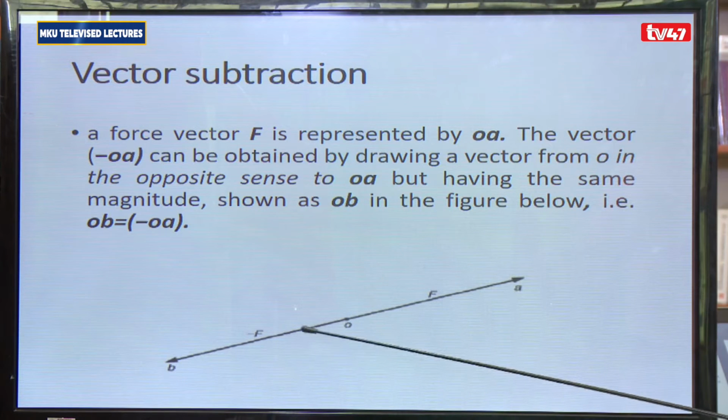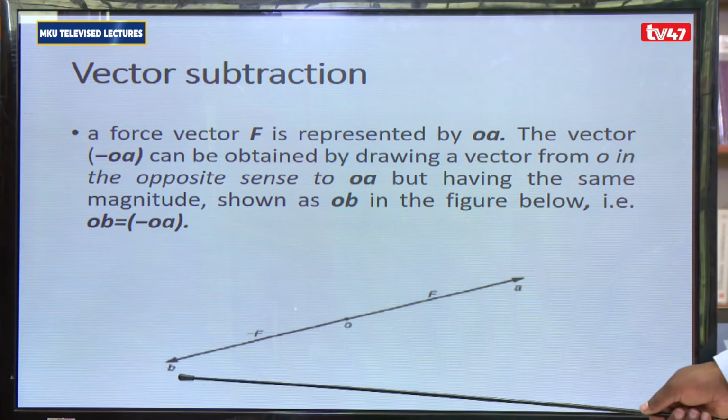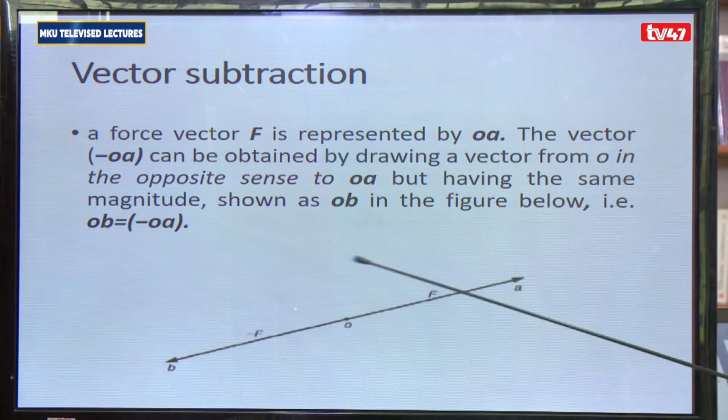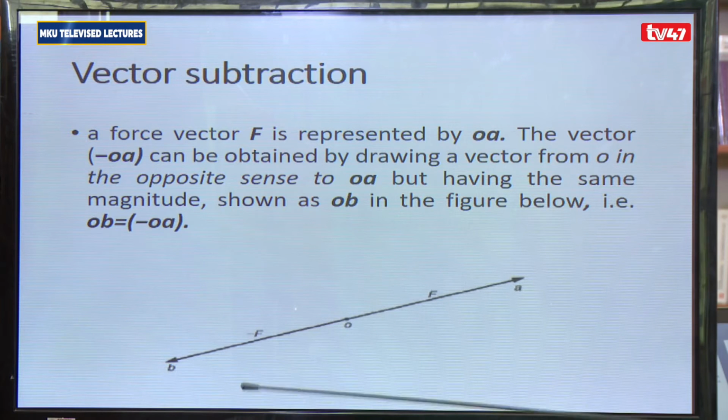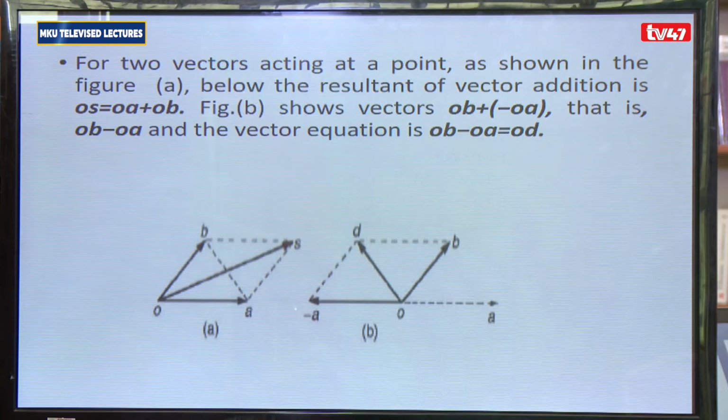So OB is equal to negative OA. The negative here means the change of direction.